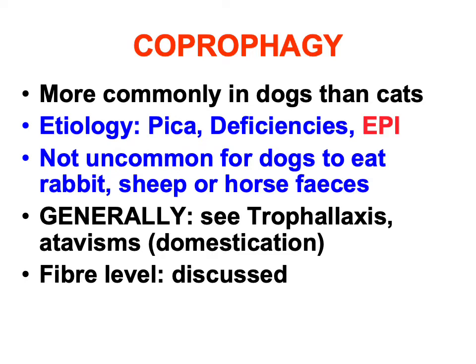controlled or stimulated by a deficiency in some nutrient or vitamin or mineral, and also can be found in exocrine pancreatic insufficiency. It is not uncommon for a dog to eat herbivorous feces, rabbit, sheep, or horse feces, if they have a fiber deficiency.